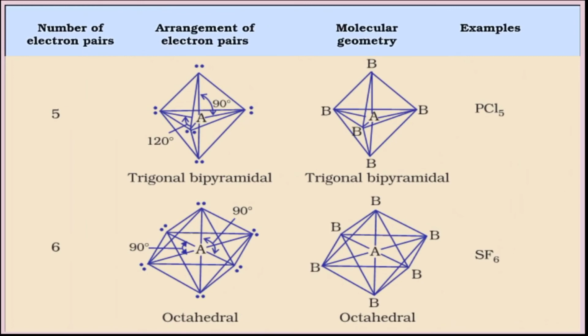The PCl5 molecule is trigonal bipyramidal, meaning a triangle is formed with pyramids on its top and bottom. And in case of octahedral, the pyramidal formation takes place from the four corners, and it looks like 8 triangles around a sphere. That is called the octahedral structure.